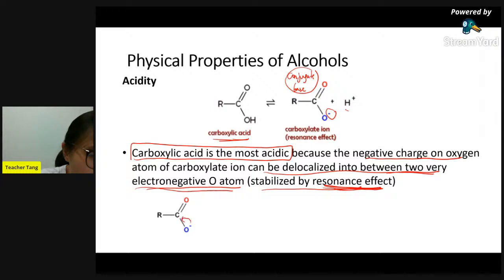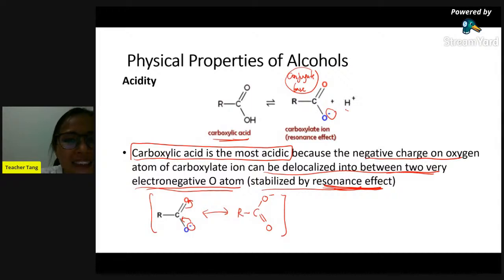It can move inside here to form a bond, and when it forms a bond, this bond must break, to give you two resonance structures. So by moving the negative charge into the pi system here, it stabilizes the conjugate base. It stabilizes this ion.